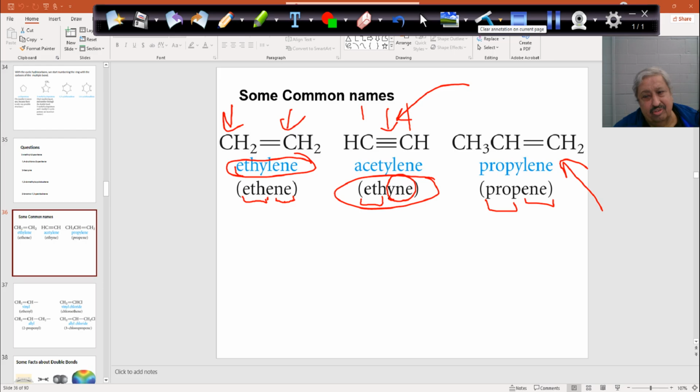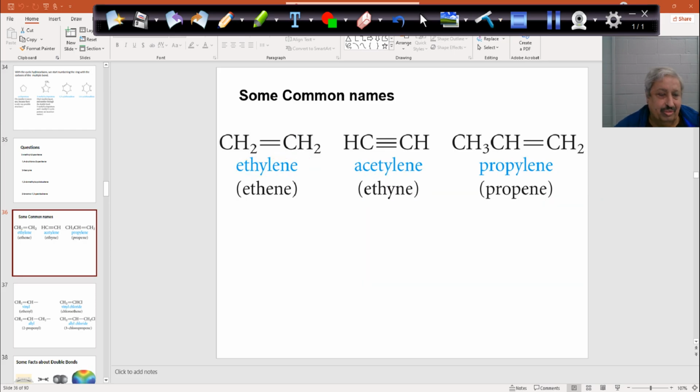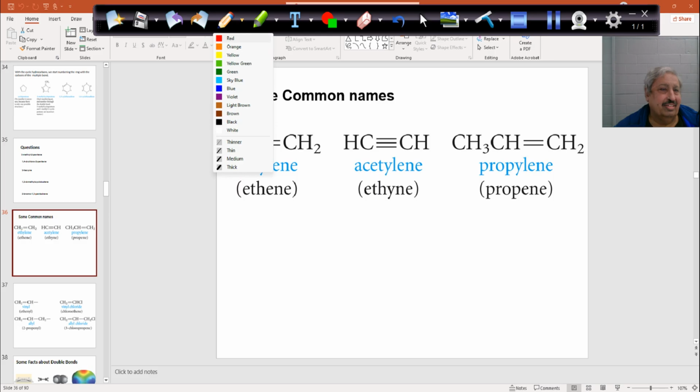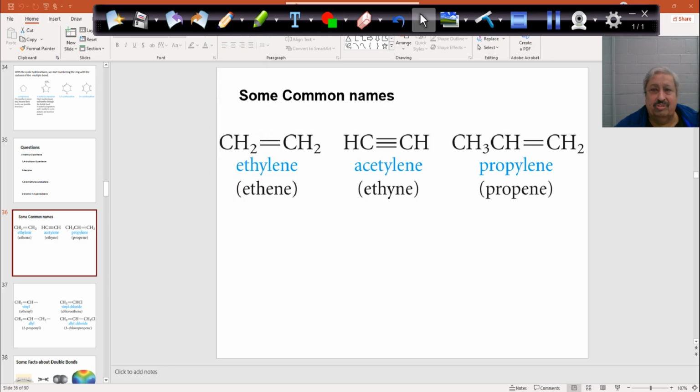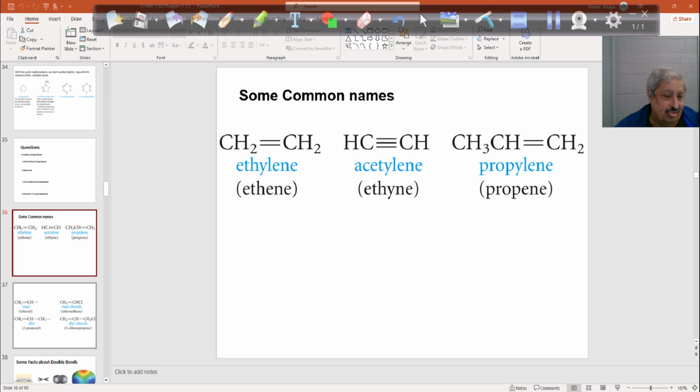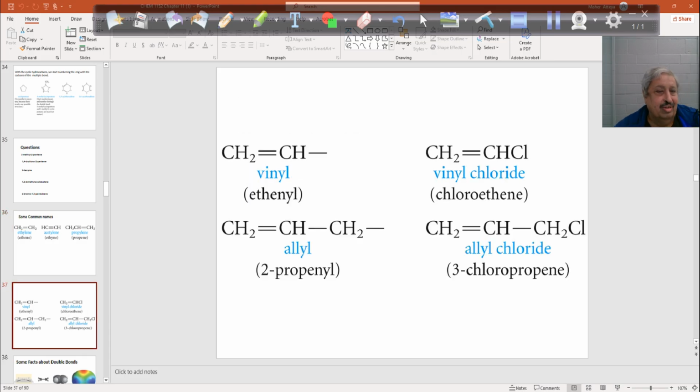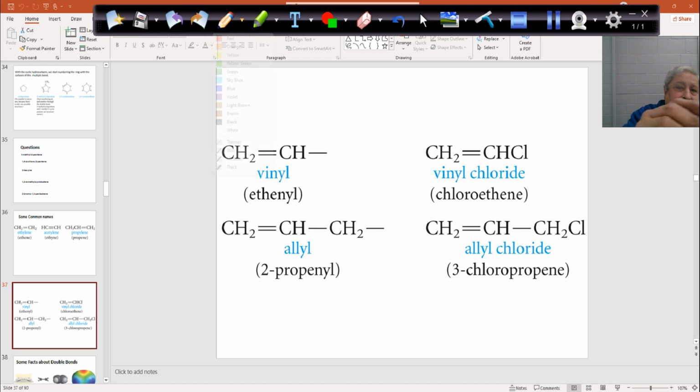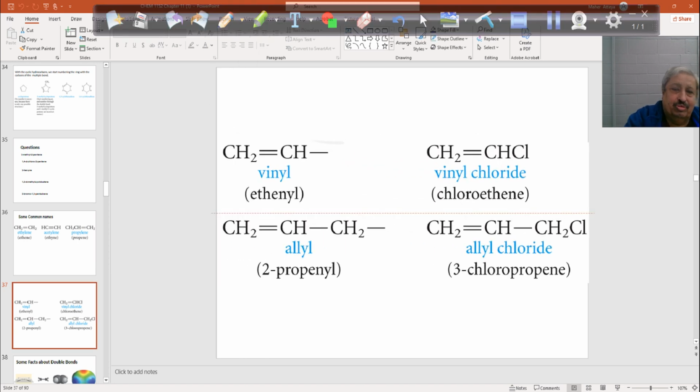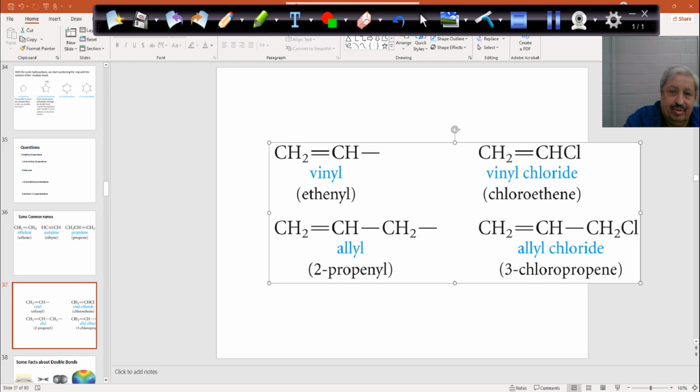Again, you don't have to memorize those things. It's just a plus, extra information for you. You will not be asked about these common names in the final exam. But it's nice to know what things in your house are made from. And this is polyvinyl chloride. This is a group called vinyl, and this is the allyl group.